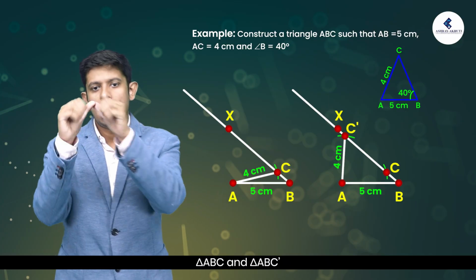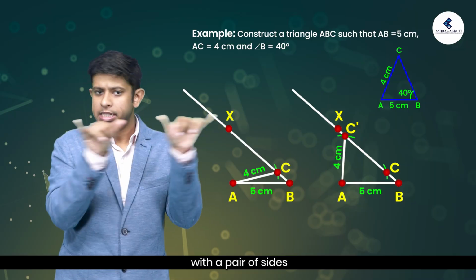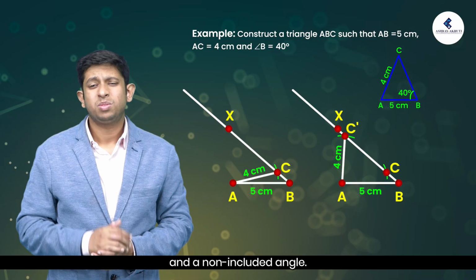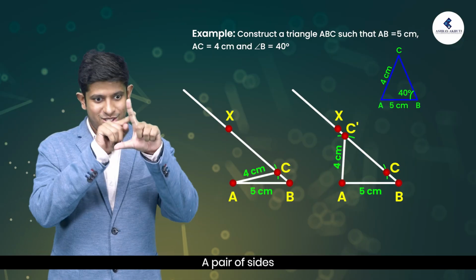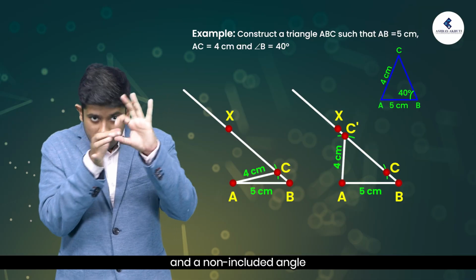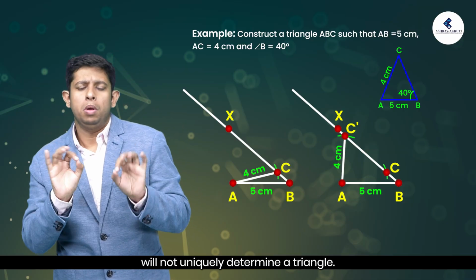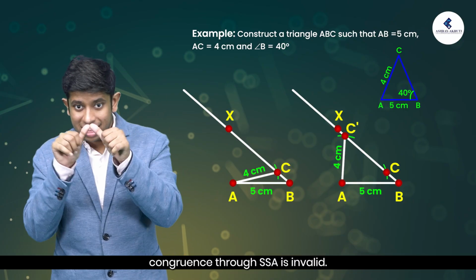That is, triangle ABC and triangle ABC' with a pair of sides and a non-included angle. This means two things. A pair of sides and a non-included angle will not uniquely determine a triangle. In other words, congruence through side-side angle is invalid.